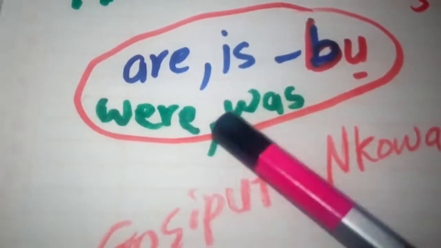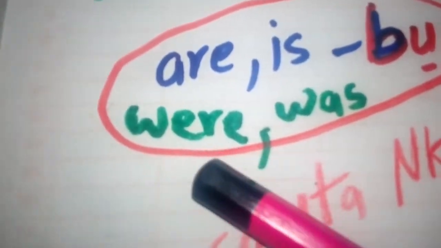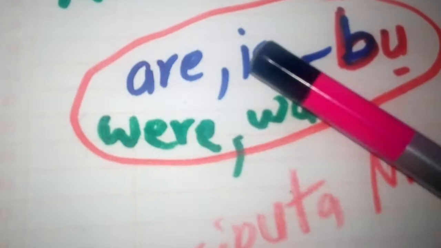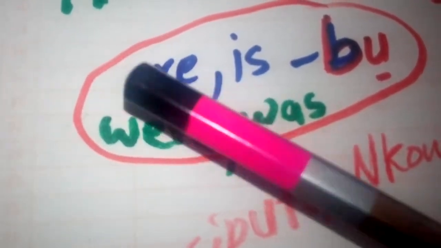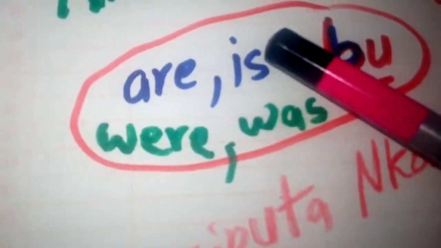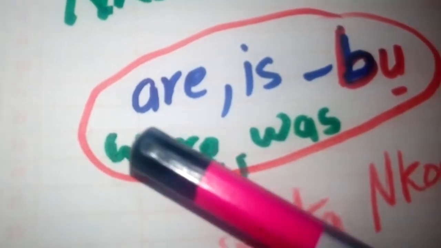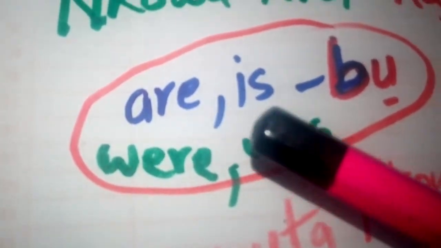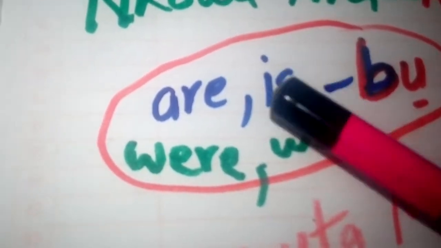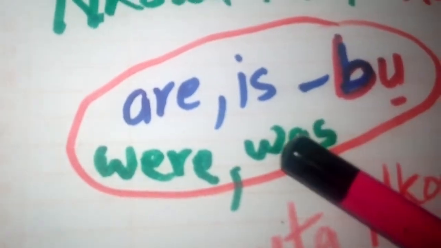We have linking verbs here: am, is, are, was, were. That's this is, these are. That's singular, plural. Those were, these were. She is, she was.